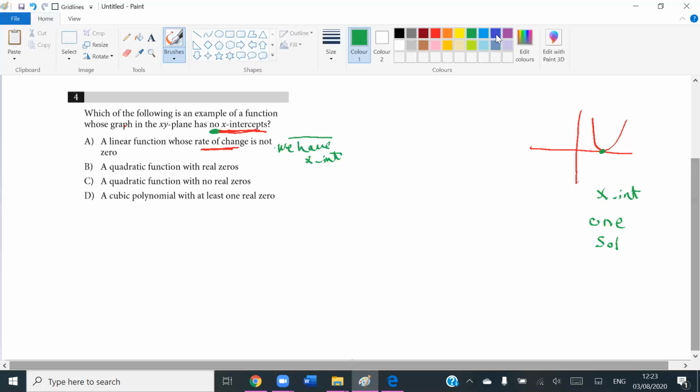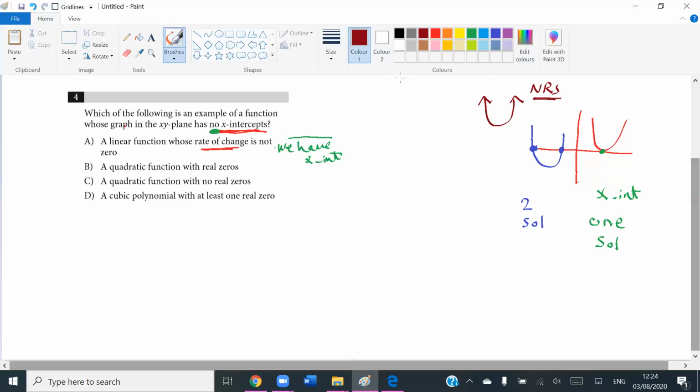But if we have a parabola like this, you can see now we have 2 x-intercepts, 1 and 2. In this case, we have two solutions. But if we have a parabola like this, there is no x-intercept, and we say now there is no real solution. We have imaginary solutions, but we don't have any real solution.